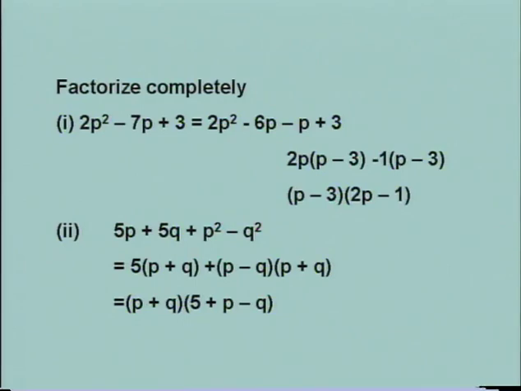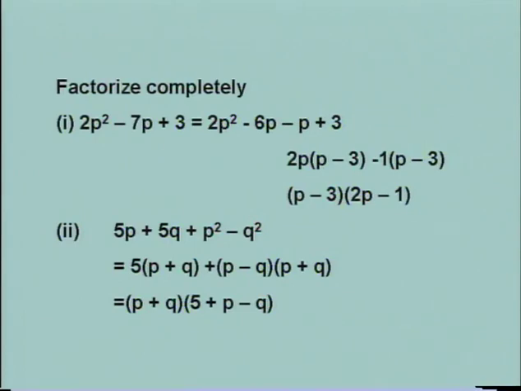The second one, 5p plus 5q plus p squared minus q squared, we can have groups in twos. The first pair, you would recognize the common factor 5, and so the first pair can be written as 5 into p plus q, plus the second pair you will recognize as difference of two squares, and so the square root of p squared would be p minus the square root of q squared, which is q.